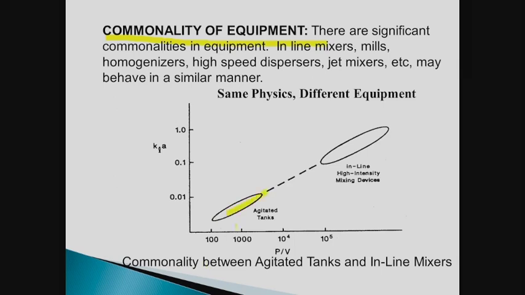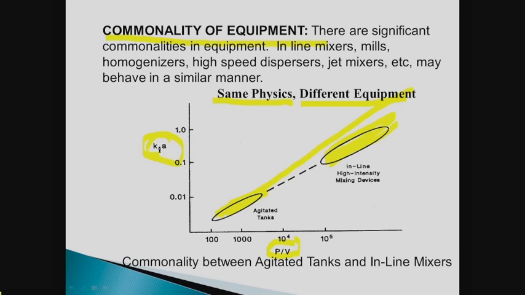Down here we have an agitated tank. Up here we have an inline mixer. This is the same physics, different equipment. It's basically mass transfer coefficient versus power per volume. Agitated tanks are down here, inline mixers are up here, and they fall along the same type of correlation.